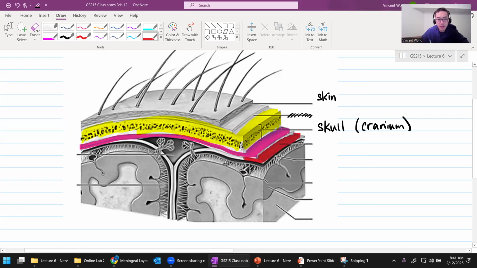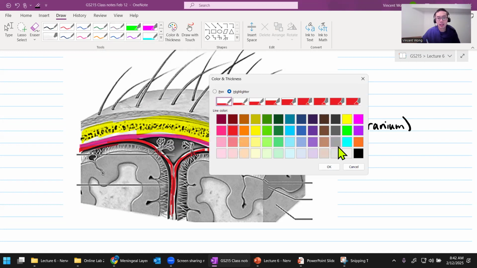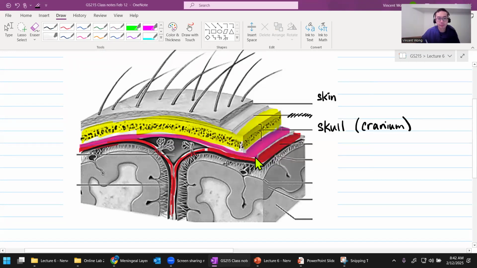And usually these two layers are stuck together, but at various locations, they will separate. And when they separate, there is going to be a cavity like that. There's a cavity right here.